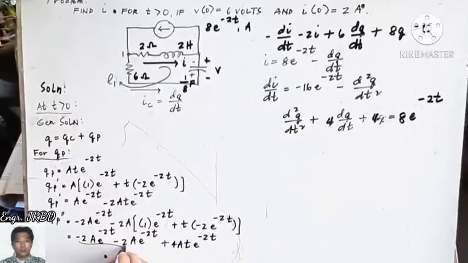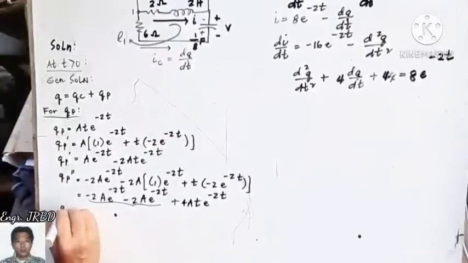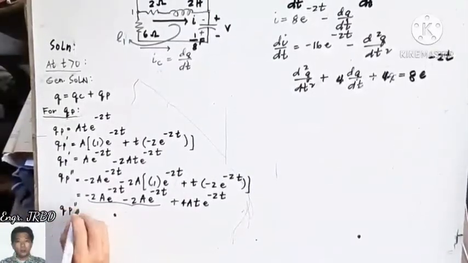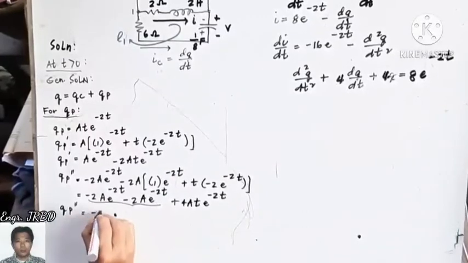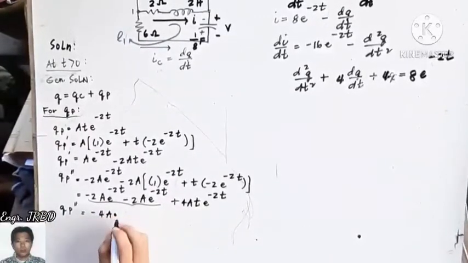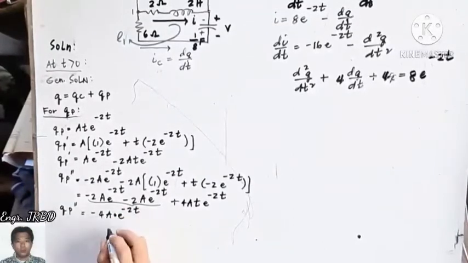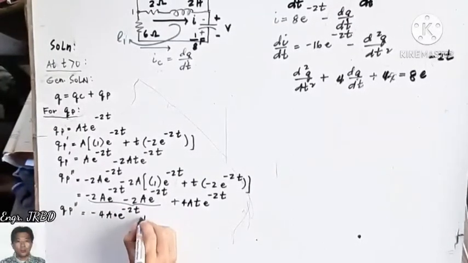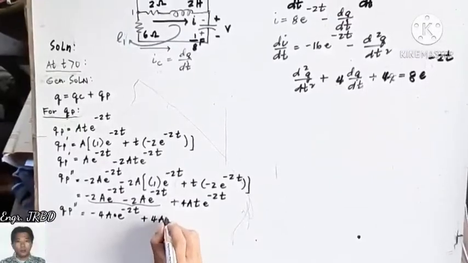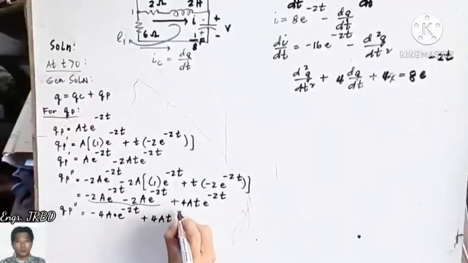Okay, let us try to combine this. Q sub P double prime is negative 4a e raised to negative 2t plus 4a times t e raised to negative 2t.